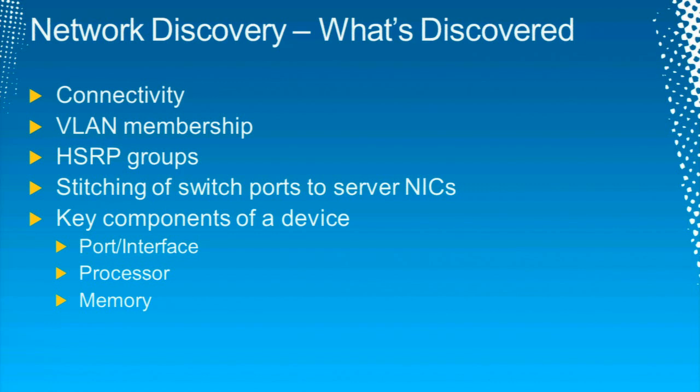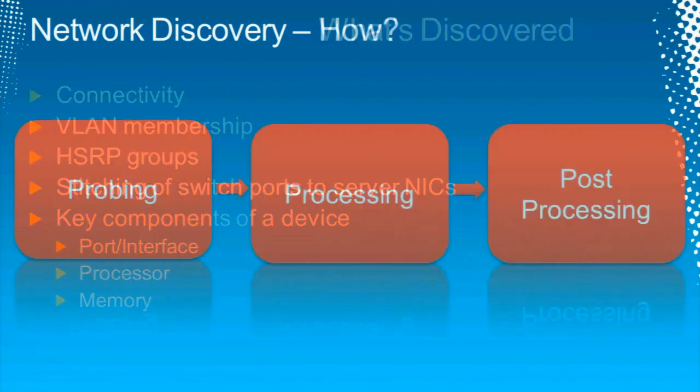HSRP groups, which are like high availability groups within Cisco, is something we discover, and we see the devices that are member of that HSRP group. Like we said, port stitching, of course the key components, so interface, ports, processor, memory. We have quite some logic that's running to monitor these, and Rob's going to show you in a minute.